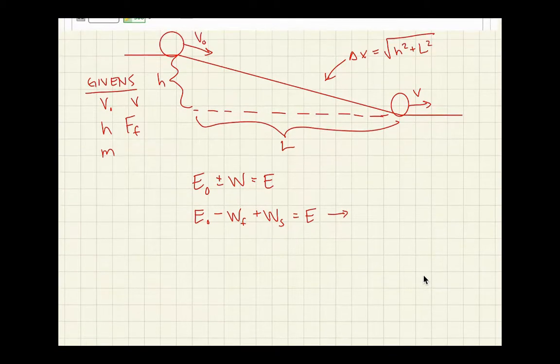So at the top of this hill, my starting energy has gravitational and kinetic, moving and height, minus work done by friction plus work done by student equals, at the bottom, it only has kinetic energy.